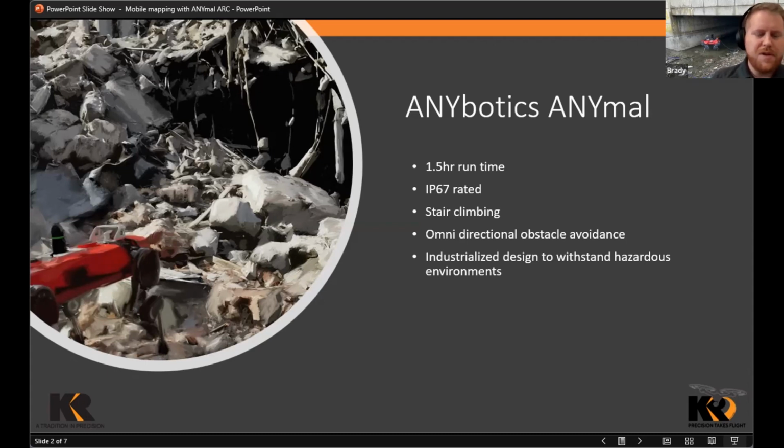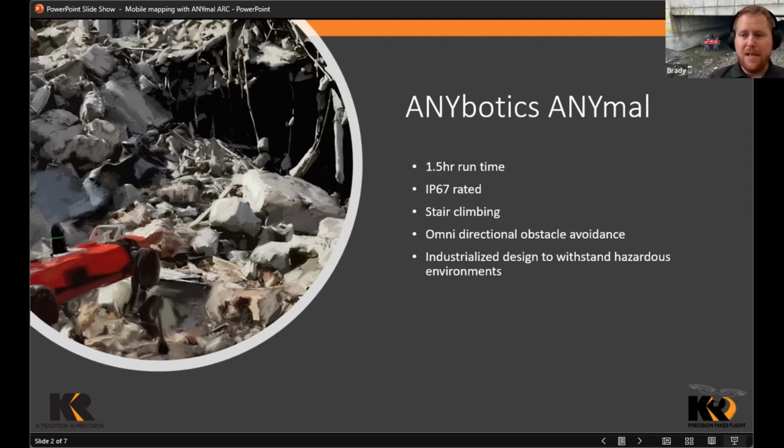But really, the ANYmal is just a means of getting a specific sensor to a specific place. In this case, what we're trying to do is put a high-resolution SLAM LiDAR system, the ARC, onto the ANYmal and take it into some of these areas. There might be different things we need to crawl over or around or upstairs, for example.